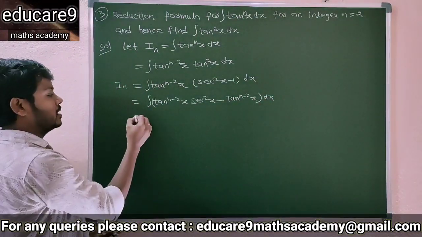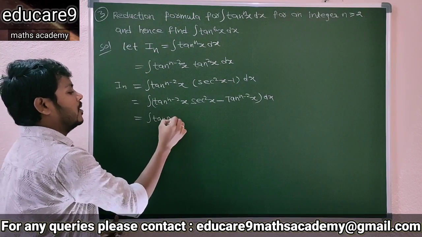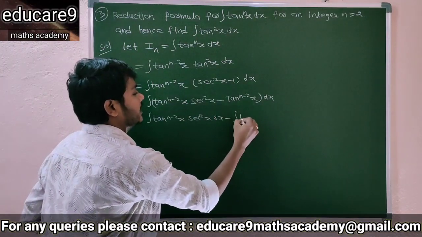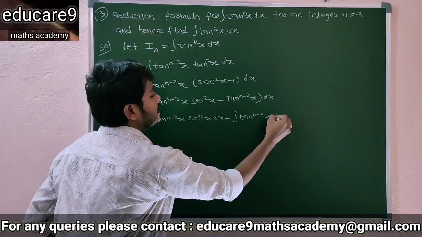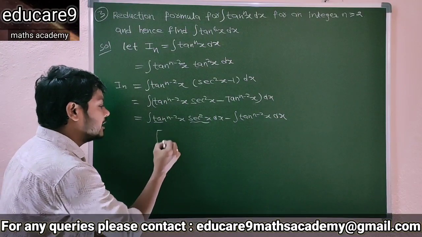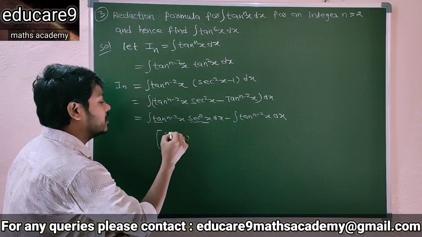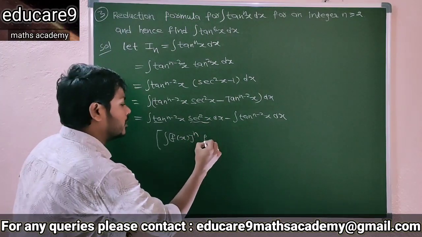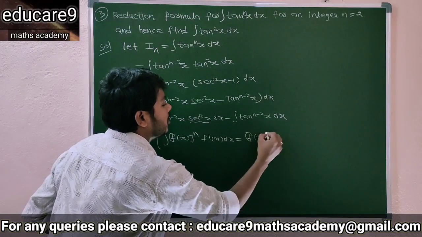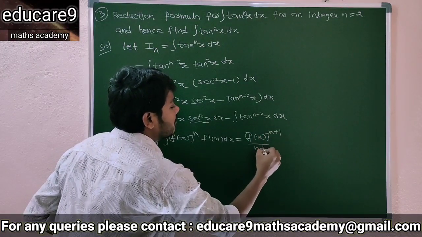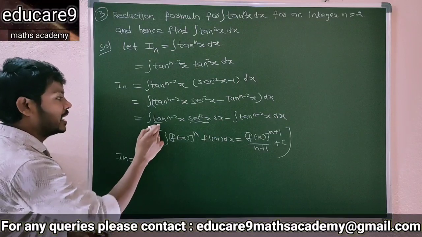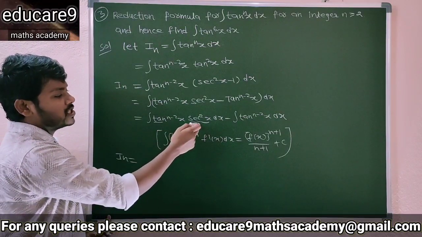Now separate the integration. That is the integration of tan^(n-2) x sec^2 x dx minus the integration of tan^(n-2) x dx. Here the derivative of tan x is sec^2 x. So you know that the integration of (f(x))^n into f'(x) dx is written as (f(x))^(n+1) by (n+1) plus C. Here you have to apply this formula. Here f(x) is tan x and f'(x) is sec^2 x.